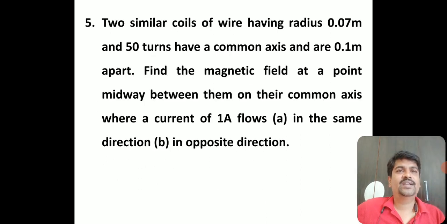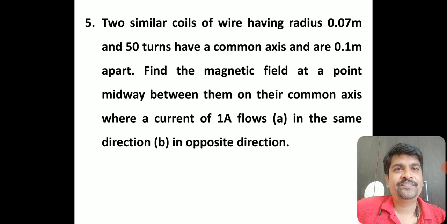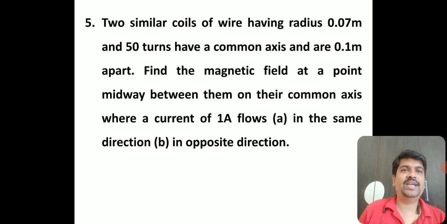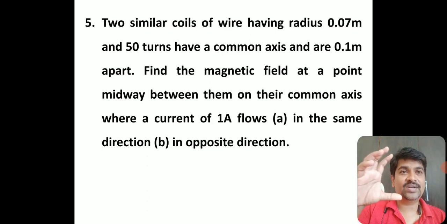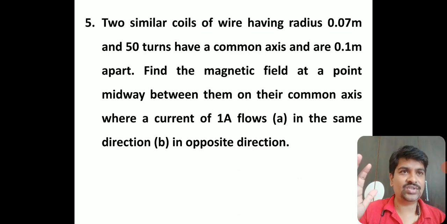And we look for the next problem. Two similar coils of wire, each having radius 0.07 meter and 50 turns, have a common axis and are 0.1 meter apart. Similar means the radius is the same and the number of turns is the same.